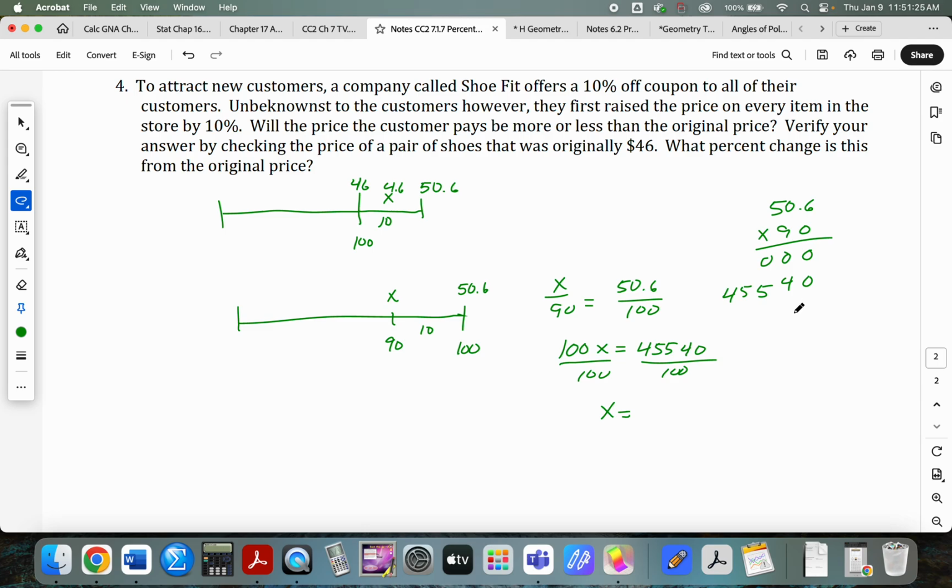I did what with the decimal? Decimal. So far I've heard 3 people say something, but I can't sort it out. What now? When you multiply 50.6, you forgot to add the decimal to the multiplication number. Oh. So this is going to be 4,554. Thank you, ma'am. So the new price is going to be $45.54.